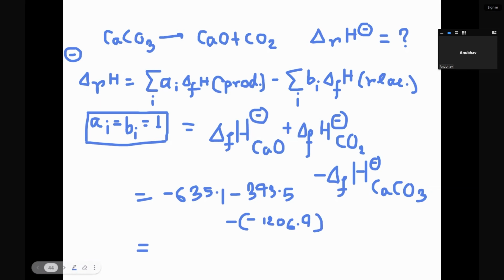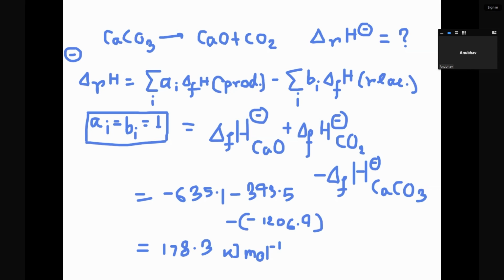So ultimately, if you calculate this, we will have 178.3 kilojoule per mole. So the decomposition of calcium carbonate is an endothermic process. If delta rH is positive, that means it is an endothermic process. So you have to heat it to get the desired product.